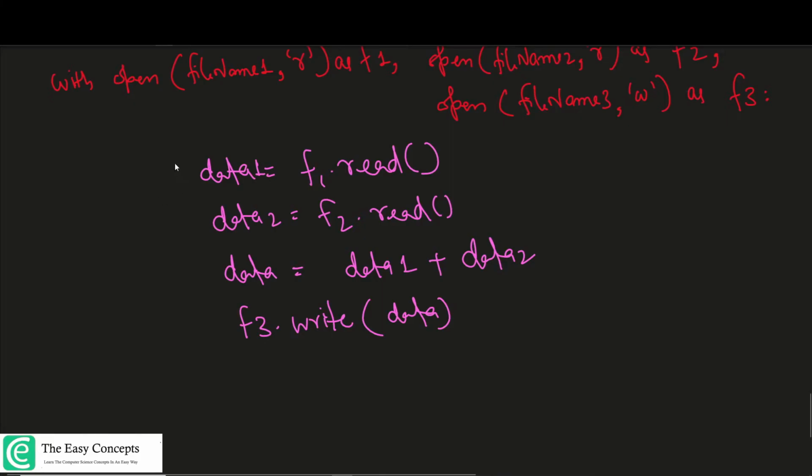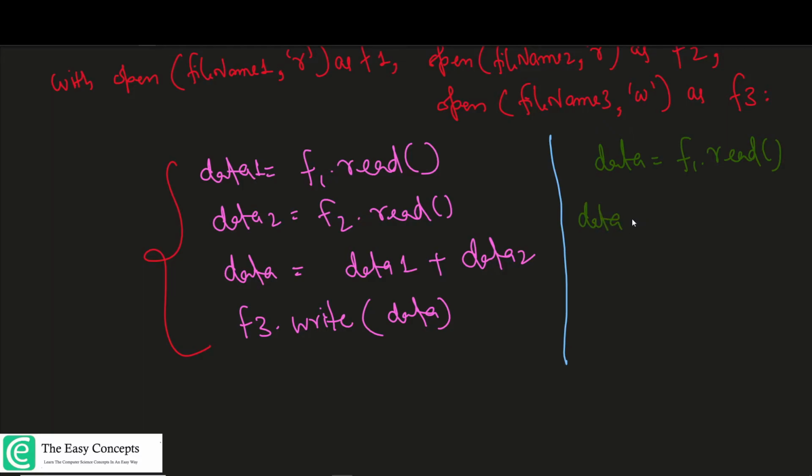But we can make this program better, and instead of this, we can do something like this. Maybe data equal to f1.read, and then data equal to data plus f2.read.